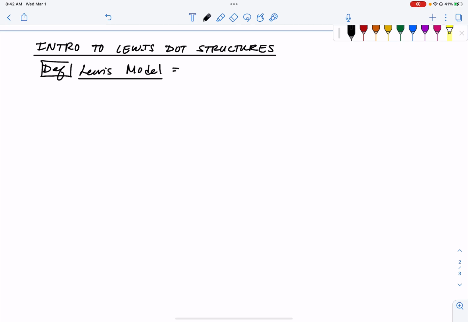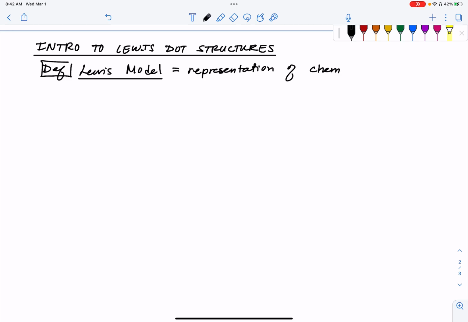So the Lewis model of bonding is a representation, and it can be used for ionic bonds as well as covalent.